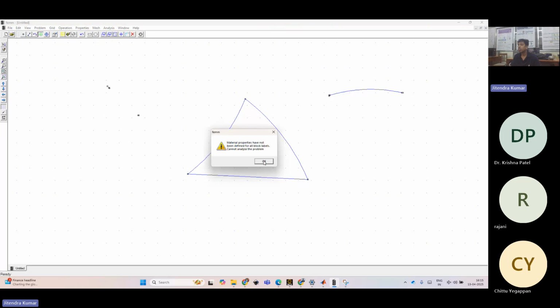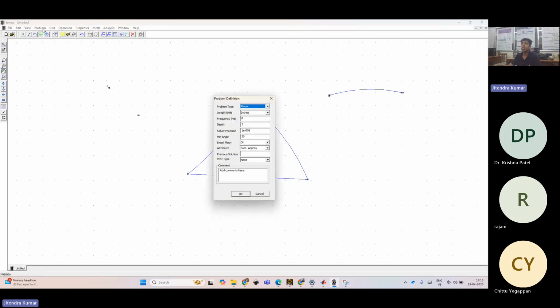Property for all labels. Hmm. So you could delete the node from here. I forgot how to assign the material. It was pretty easy. Operation, arc segment, block, grid problem.